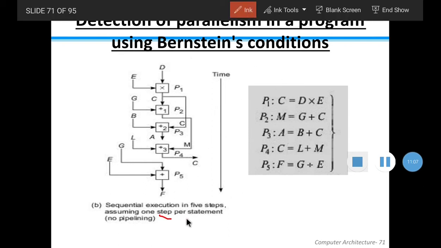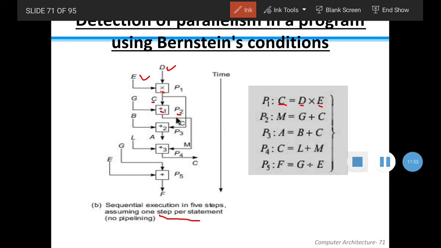First P1, we are doing multiplication here, and inputs are D and E, and it produces output C. For statement P2 we have G plus C. The input C is coming from P1, and G plus C we give to the adder.